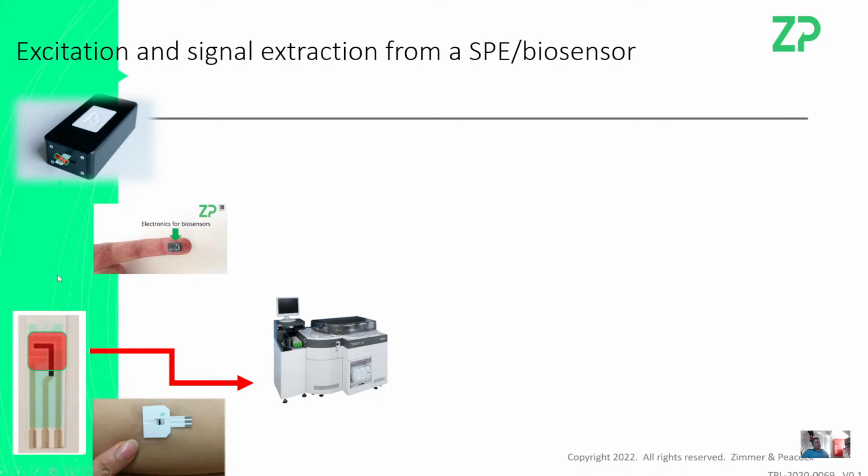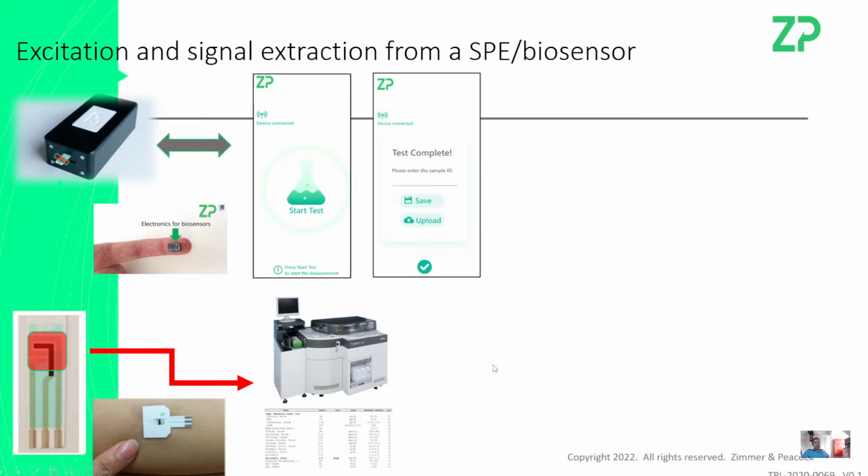Make a sensor, put the sensor into the meter that we have, and put a sample, for example, on the sensor. But I would also analyze the sample using a gold standard, something that's already on the market, or at least a clinical analyzer. So now I'm going to end up with the truth, which came off the clinical analyzer, and I'm also going to send the raw data to the cloud.